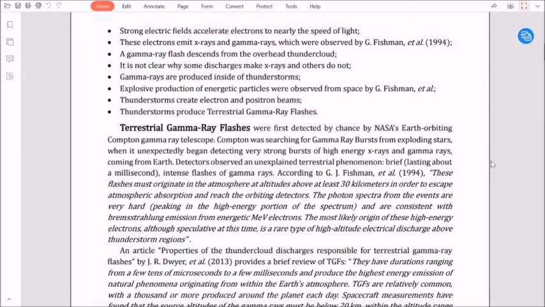The photon spectra from the events are very hard, peaking in the high energy portion of the spectrum, and are consistent with Bremsstrahlung emission from energetic megaelectron volt electrons. The most likely origin of these high energy electrons, also speculative at that time, is a rare type of high altitude electrical discharge above thunderstorm regions.